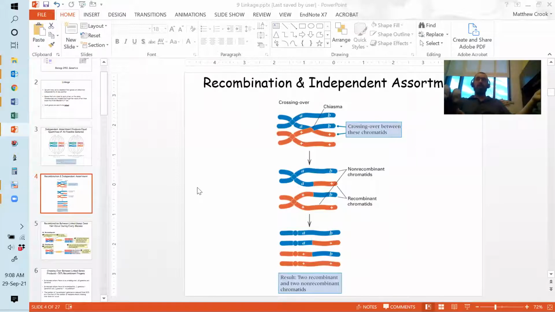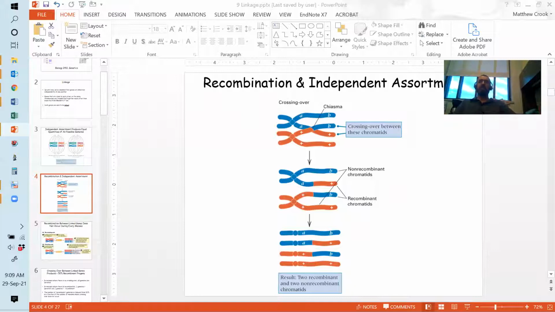And so if recombination is occurring all the time between those 2 genes, are those 2 genes linked or not? They're not linked.